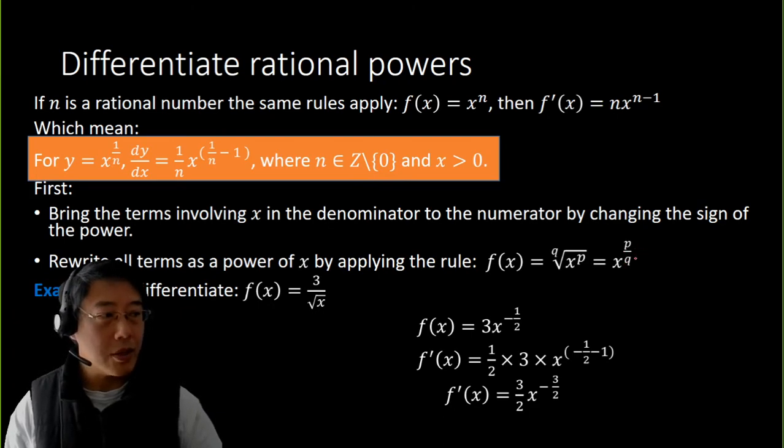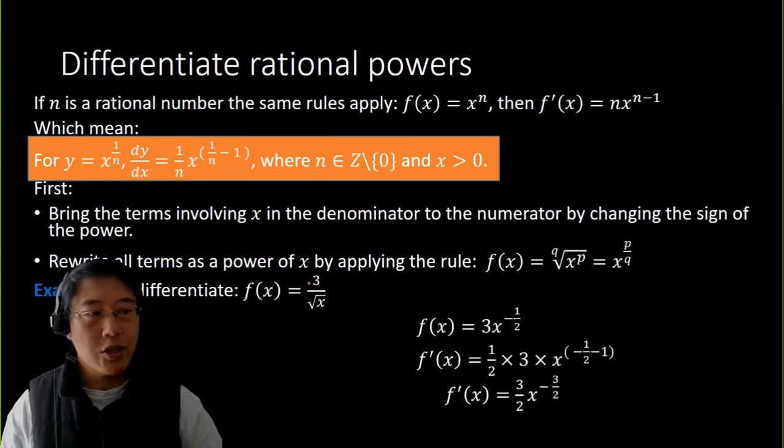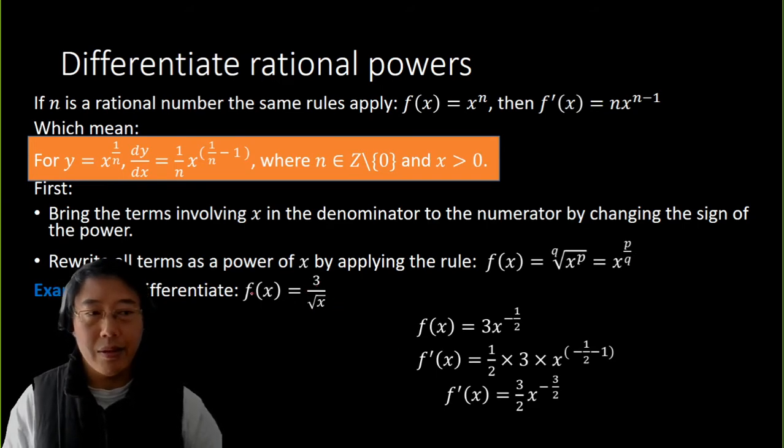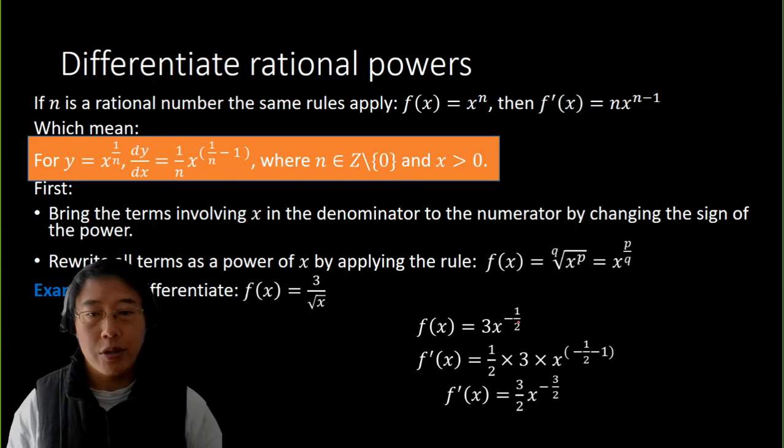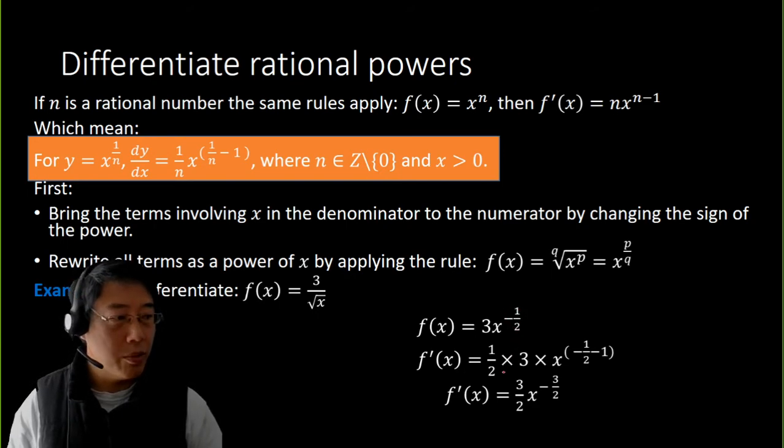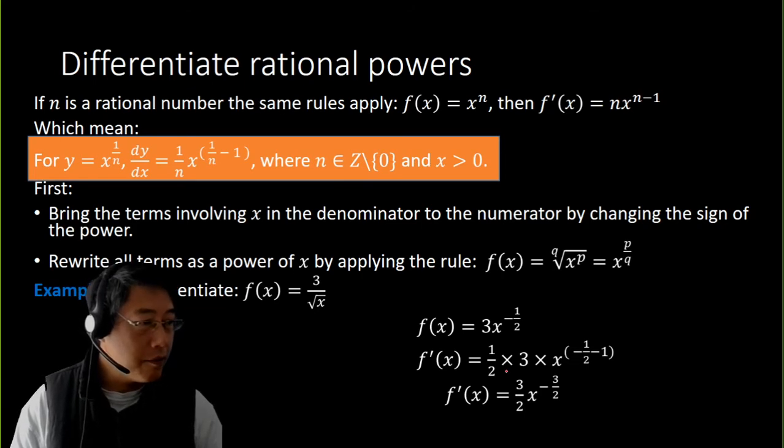So this is an example: f of x is 3 over root x. Root x will be x to the power of 1 over 2 with a negative. Okay, and you will just apply the rule. So that negative 1 over 2 will become a factor.